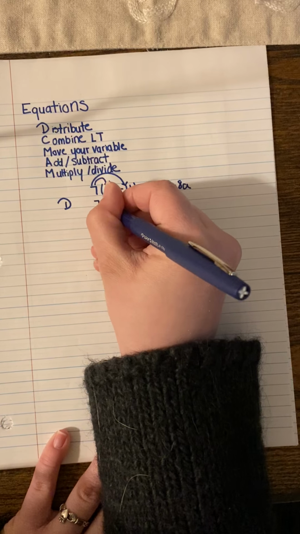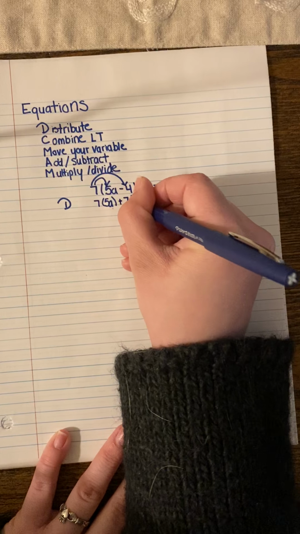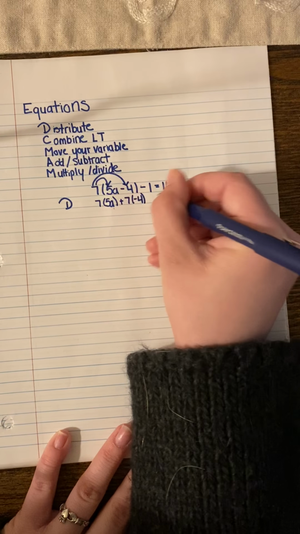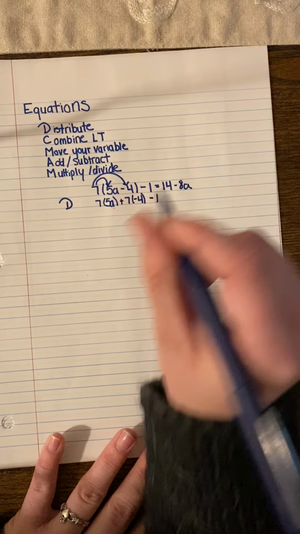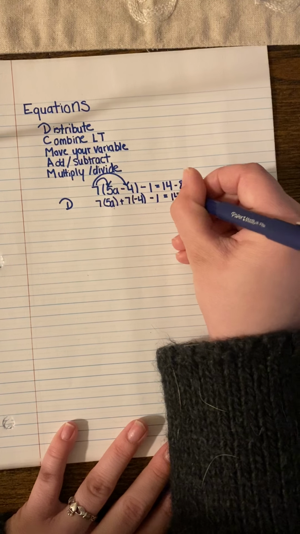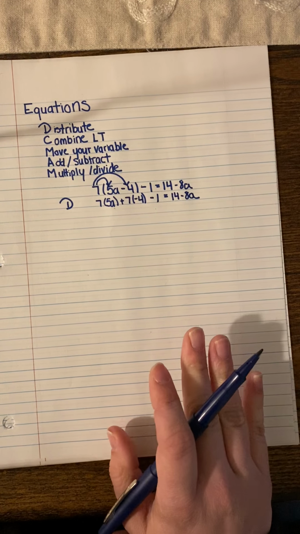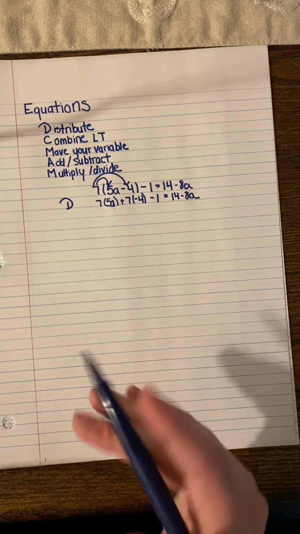So 7 times 5a plus 7 times negative 4. And we're just going to bring down that negative 1, okay? And everything on the right-hand side of our equal sign can come down because we didn't do anything to it. There was no distributing that I needed to do on the right-hand side.